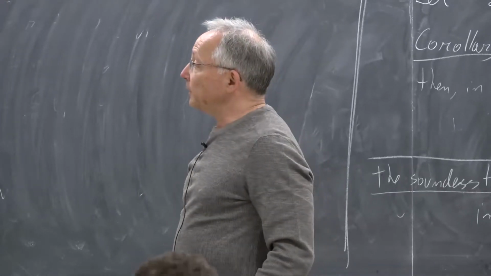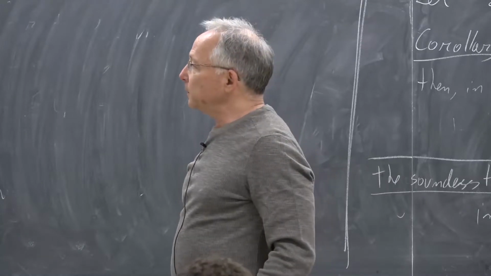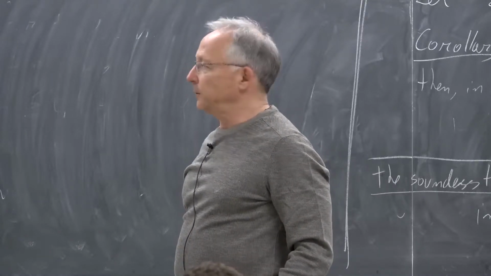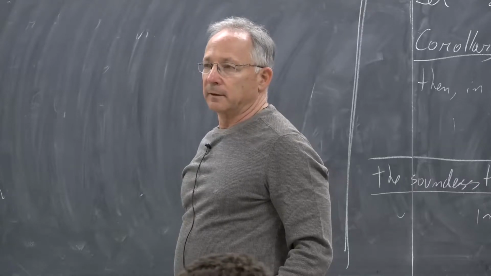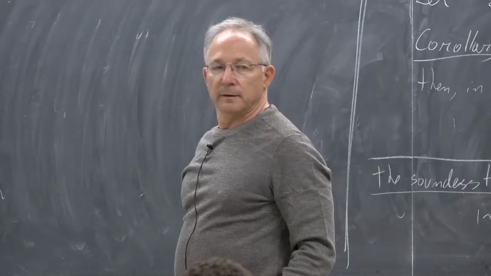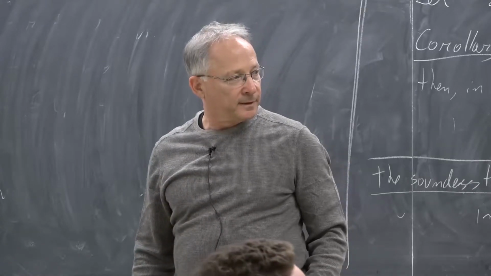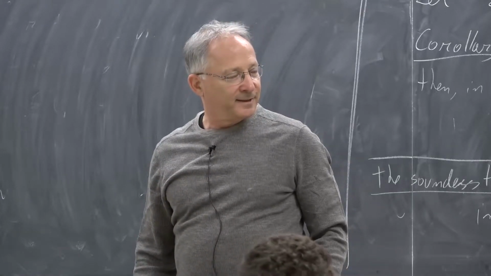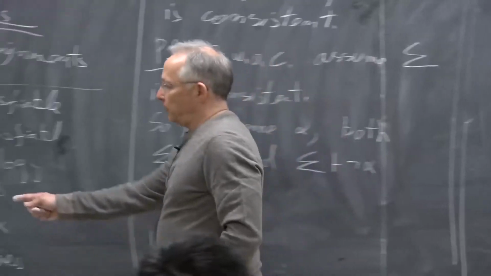Now I want to show you that it's not satisfiable. So do you see how I can proceed now using the tools that we already have? Yes? You pick an assignment that should satisfy sigma and evaluate alpha and not alpha for that assignment. Right. I'm going to use now the soundness.